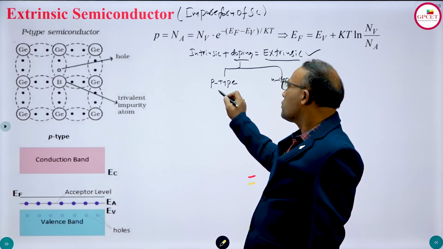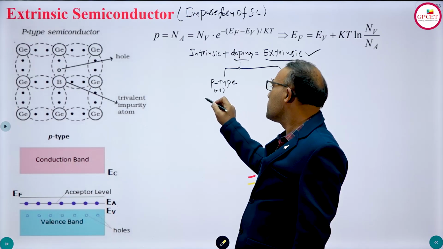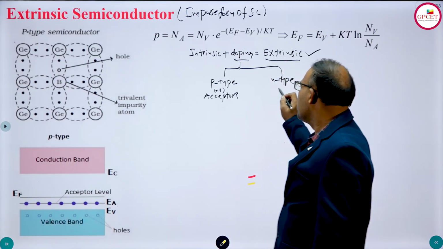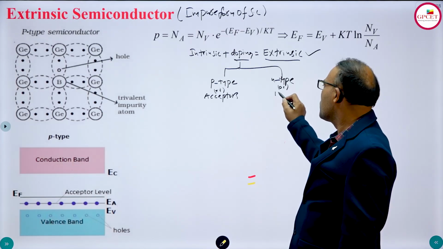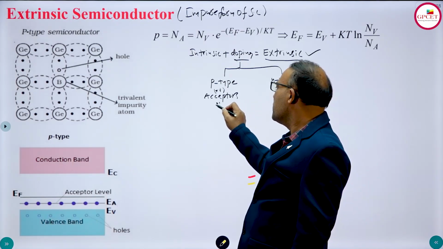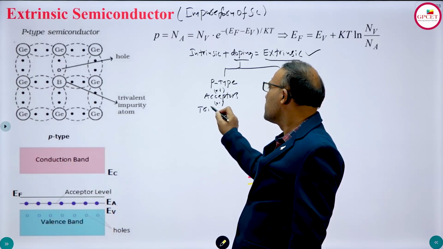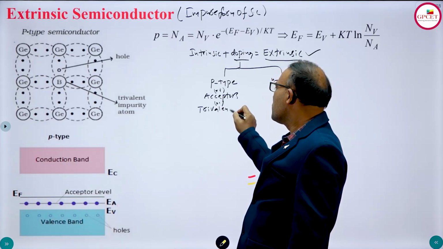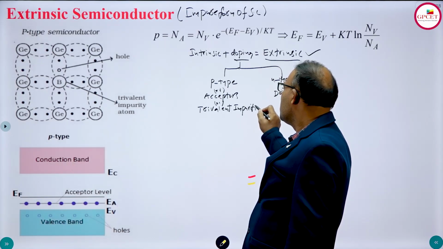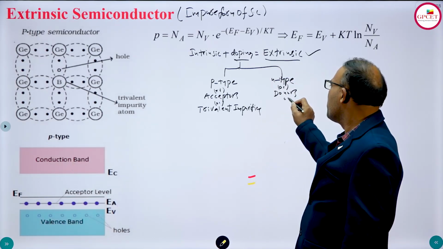P-type dopants are also called acceptors, and N-type dopants are also called donors. P-type dopants are also called trivalent impurities, and n-type dopants are also called pentavalent impurities.